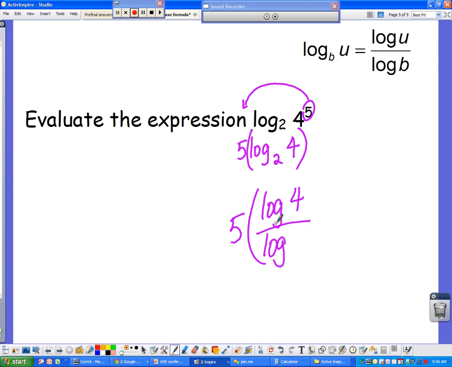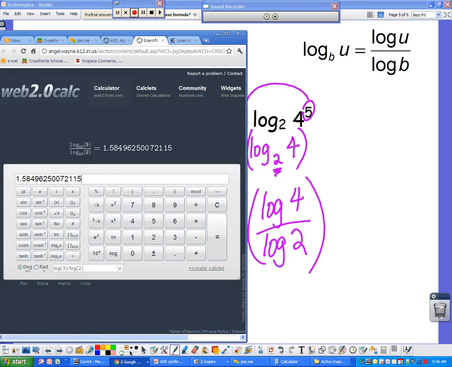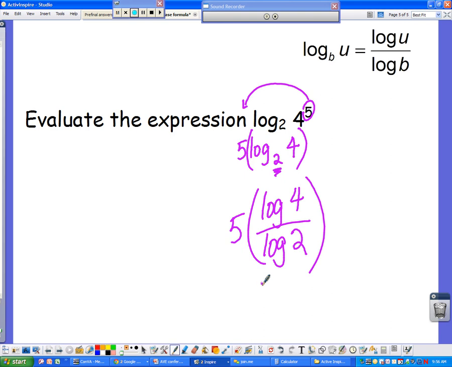And remember, our base, which is the 2, goes on the bottom. Okay? So when we calculate that, let's do it this way. Let's find what our log is. So log of 4 divided by log of 2, and we find out the answer is going to be 2. Well, then we're just going to do 5 times 2, and our answer is going to be 10.